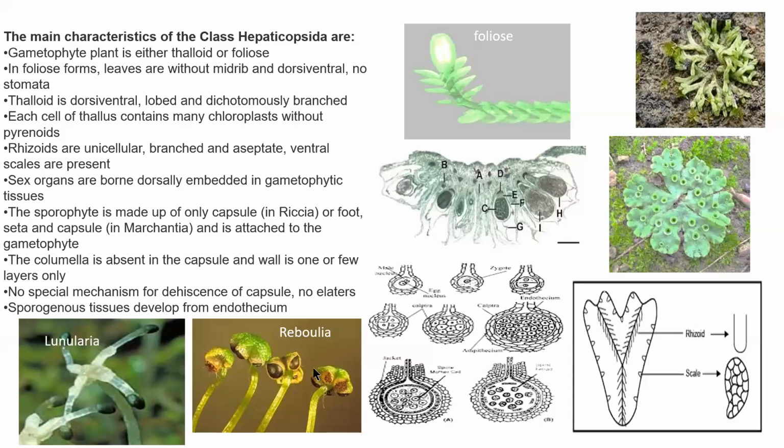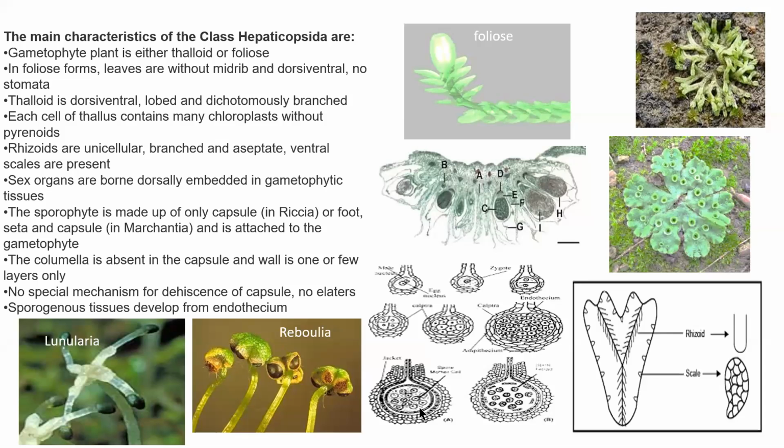This is the characteristic feature of the liverwort sporophyte, where every sporophyte has some tissue which is very important for its growth and development. For example, the jacket layer, which covers the sporogenous tissue and provides nutrition to the growing sporogenous tissue.